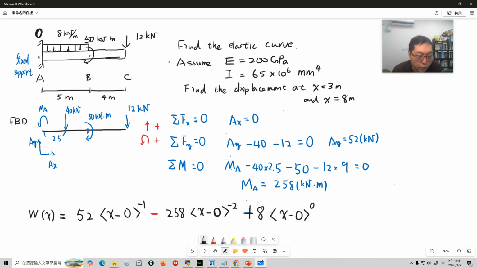But this is not the complete answer. If I use 8 bracket x minus 0 to the power 0, that means the distributed load goes all the way from 0 to the end of this cantilever. But the distributed load only goes from 0 to 5.